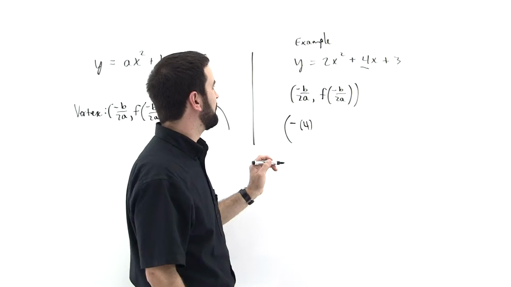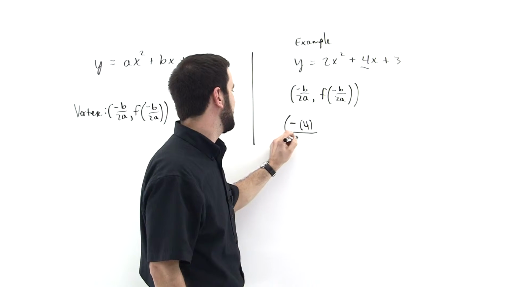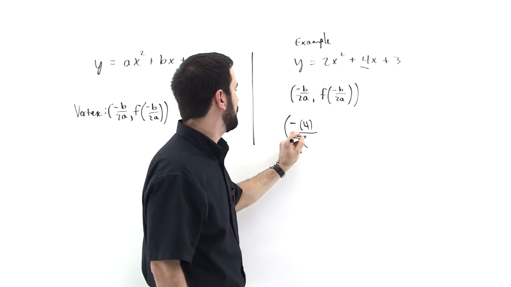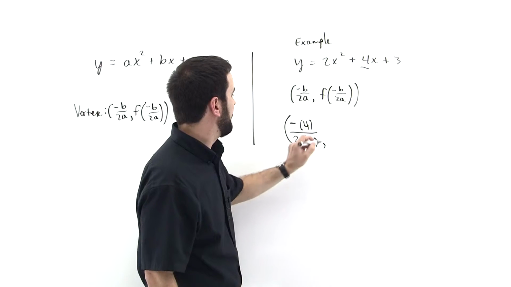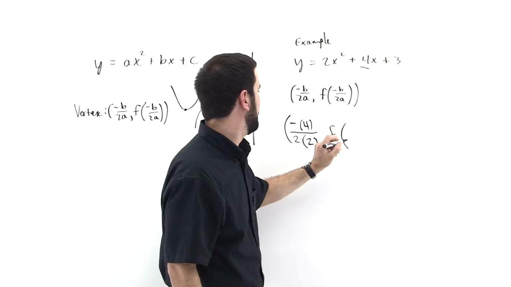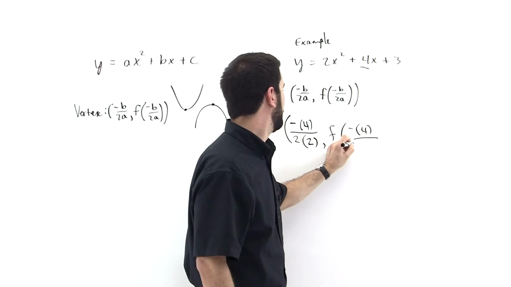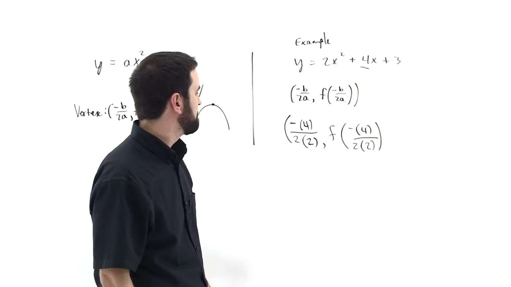So it's a good idea to put these numbers in parentheses, and then divided by 2 times a, and a is 2, right? Like this. And then this will be the function value of negative 4 over 2 times 2, right?